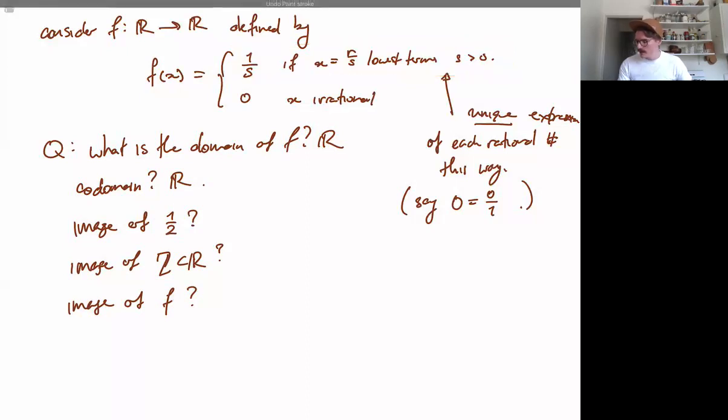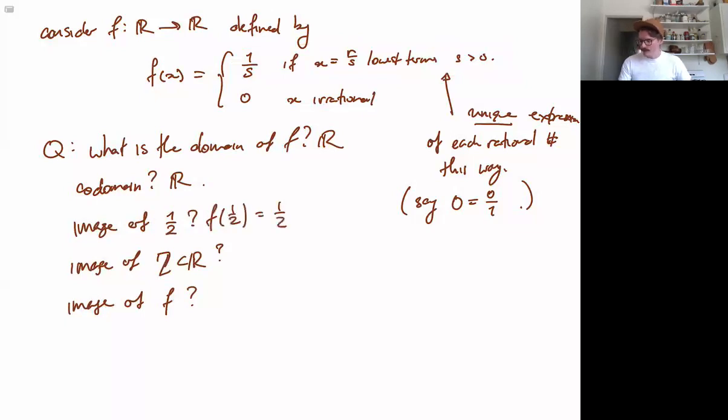So that is the answer. f of 1/2 is 1/2. Although if we want to take more examples, what is f of 3/2? Well, remember, we get rid of the top part and replace it with a 1, so actually it's, again, 1/2.